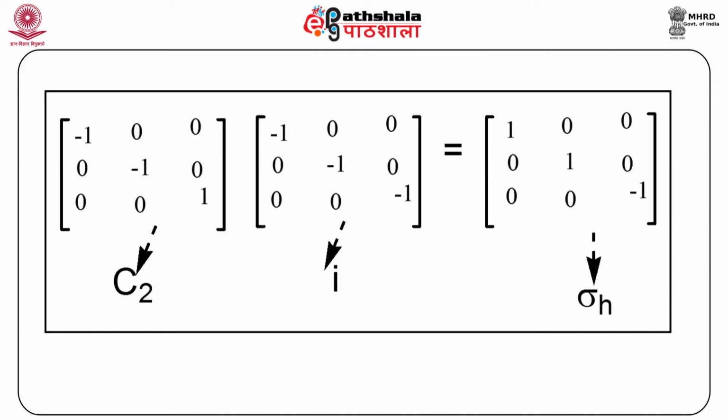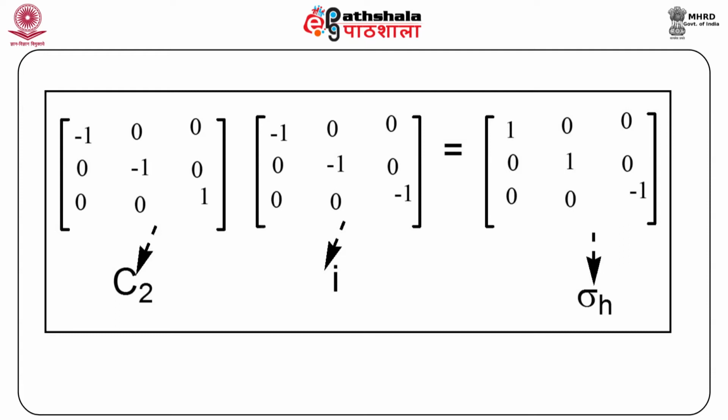First I will take I into C2, or C2 into I. What will be the net result? If I take C2 into I and look at the group multiplication table, the result is sigma h.